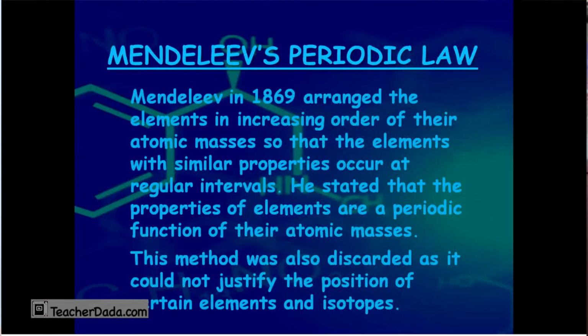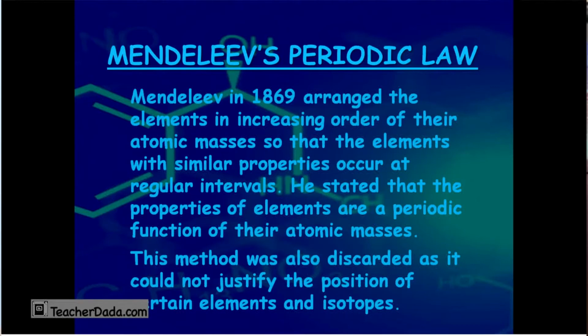Now we are going to discuss Mendeleev's periodic law. Mendeleev, a Russian chemist, is known as the father of the periodic table because of how he arranged these elements in the form of a table. He even told about the properties of elements which were discovered later.